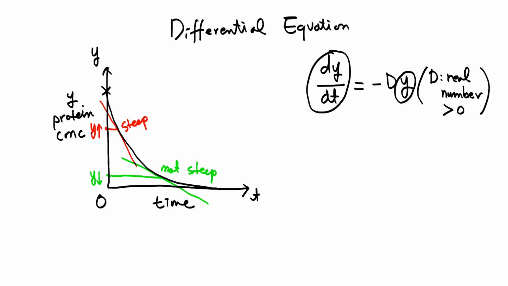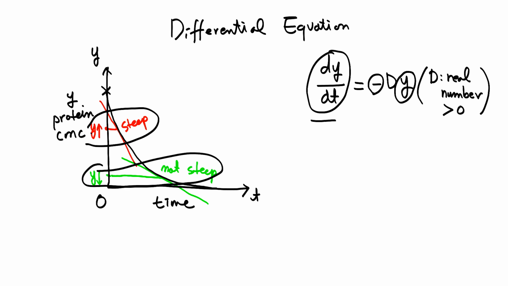If y is large, then the rate at which y decreases is large. And if y is small, like here, then the slope, the rate, is small. Basically, that's what it's saying. And this negative sign, again, indicates that it is a decreasing rate, not an increasing rate.